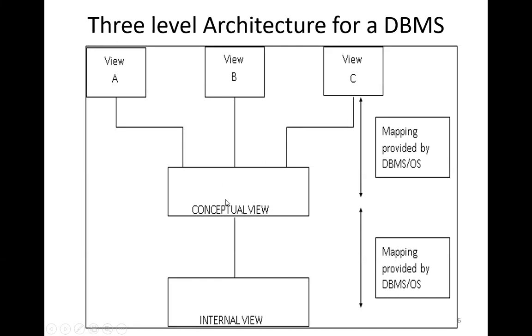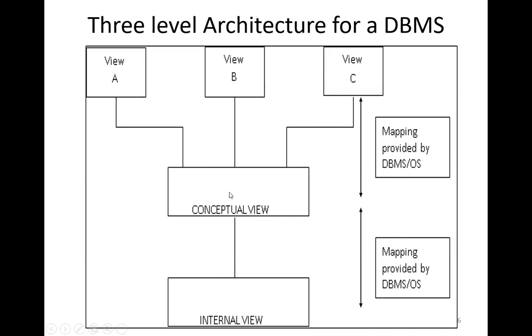At the conceptual level, your request is forwarded to the internal view, from where the relevant data is picked up and is given back to you. Similarly, there is a mapping between the conceptual view and the internal view. And that mapping again is provided by our database management system or the operating system.